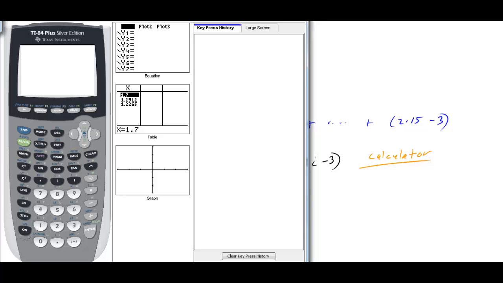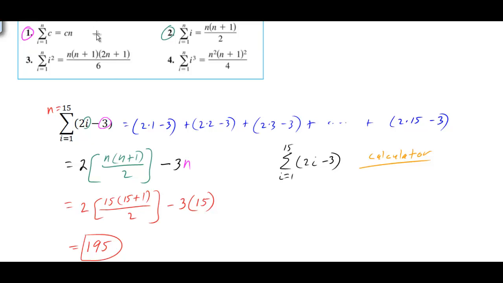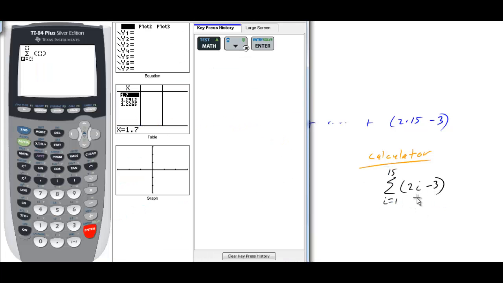If you go to Math, and then if you scroll all the way down under Math, you'll see, I think it's at 0, you should see summation, and if you select that, you will simply see your sigma notation here, and you could type in the expression just the way you see it written on the page. So for our example, here we have 2i minus 3, now instead of I, I'm just going to use the variable x on your calculator here.